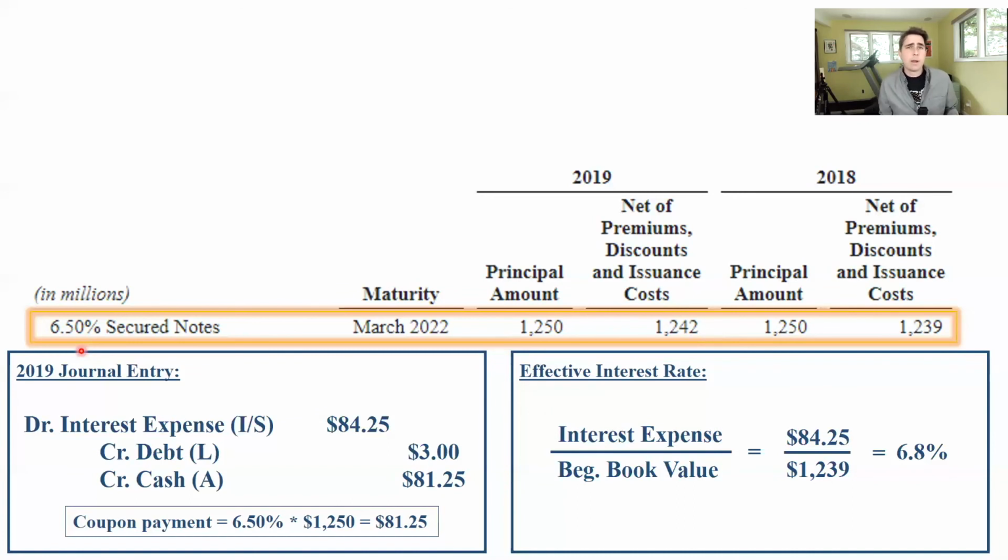In other words, when an investor pays less than face value, the investor is getting a discount from face value. And that's exactly what we see. Face value is 1250 and the book value is lower than face value. So this bond was sold at a discount when it was originally sold. And that makes sense based on the effective rate being higher than the coupon rate.